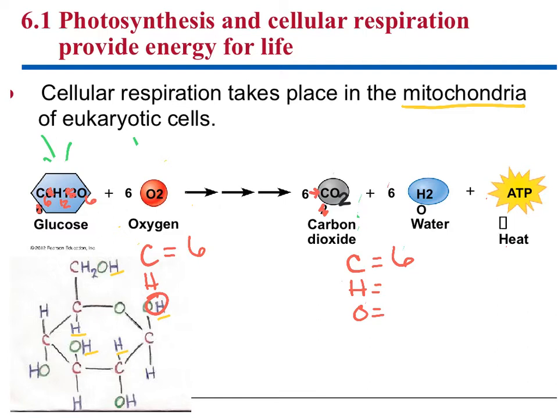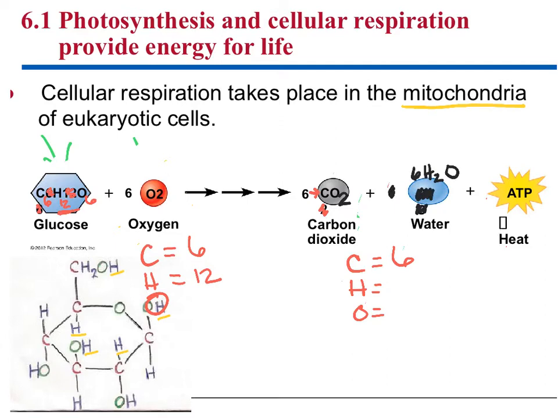Let's go back to the left. How many hydrogens are there on the left side of the equation? You can see that there are 12, so we'll write that here. Now, how many hydrogens on the right side of the equation?